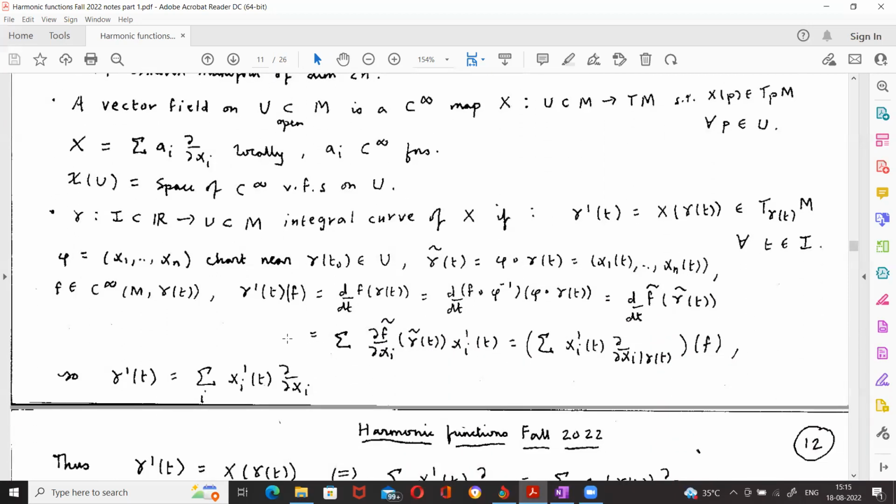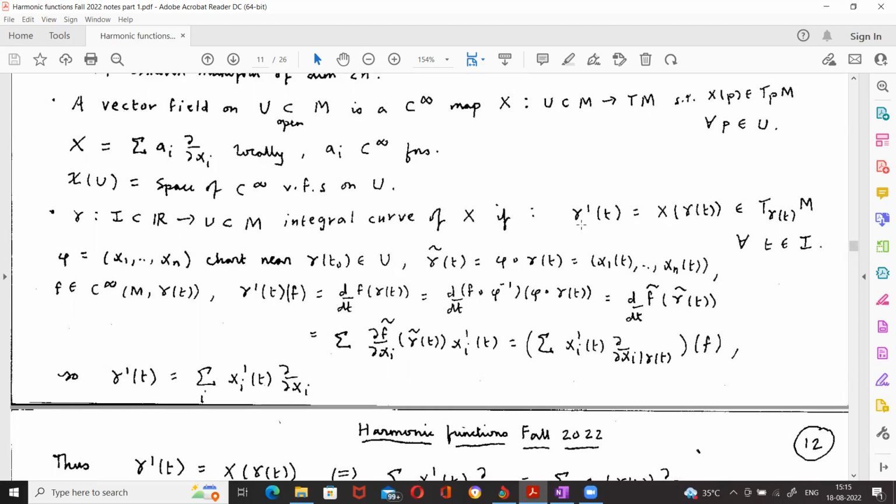A smooth curve gamma in N is called an integral curve of X if it satisfies the following ODE: gamma prime of t is equal to X of gamma of t. What is the meaning of this ODE?